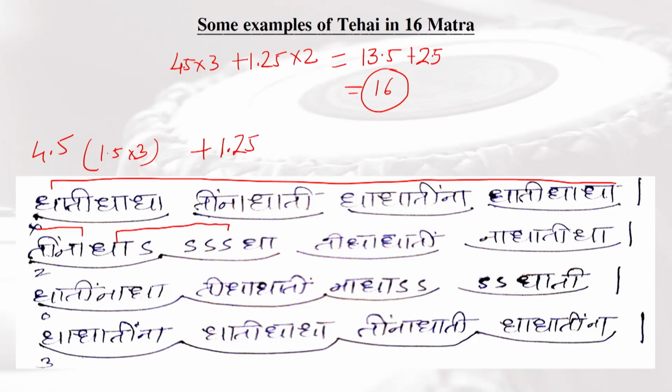It's a bit complex Tehai, since pauses like 2.25, 1.25, 1.75 or 0.75 and obviously 0.375, these are very complicated pauses. So 1.25 pause falls in the category of complex pauses. So the first Tehai itself is a complex Tehai in Teen Taal.